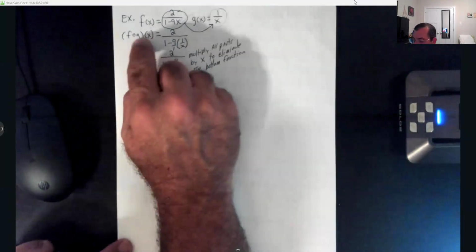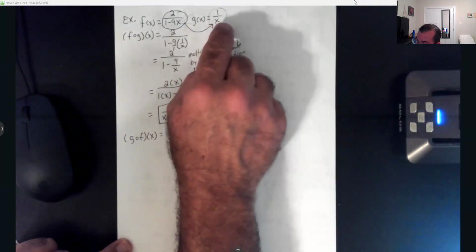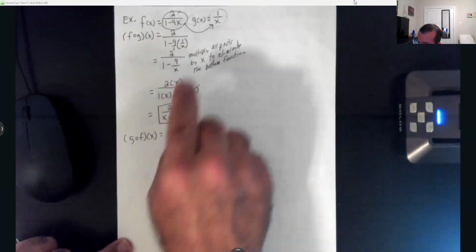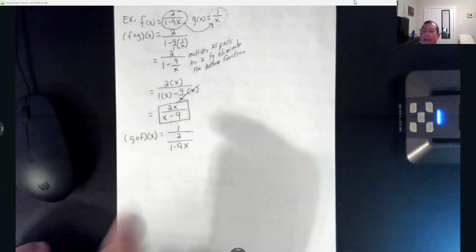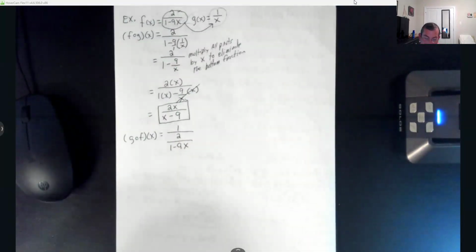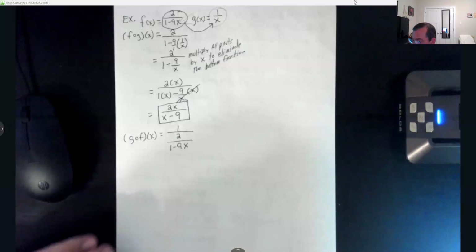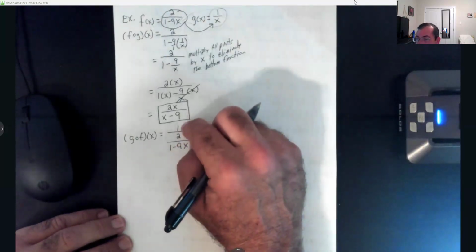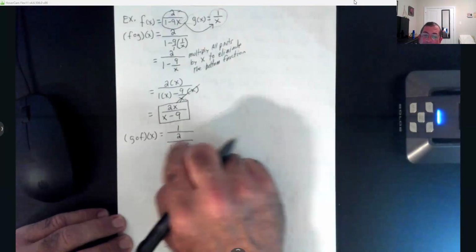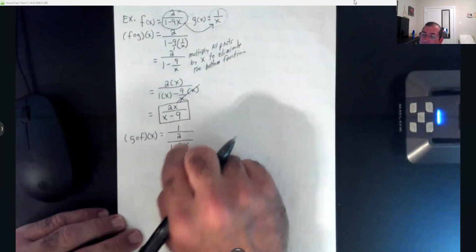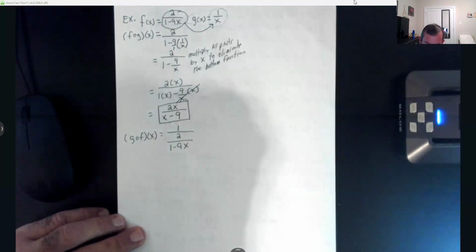So y'all with me, y'all? The first one I put g into f, the 1 over x in for that x. The second one I put the f into the g. Now this one's not as bad to simplify. Since this is basically a 1 divided by a fraction, y'all remember the little rule?